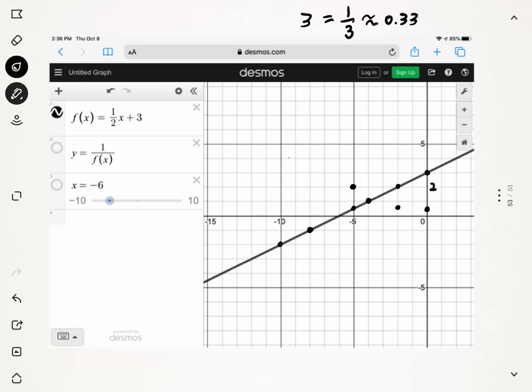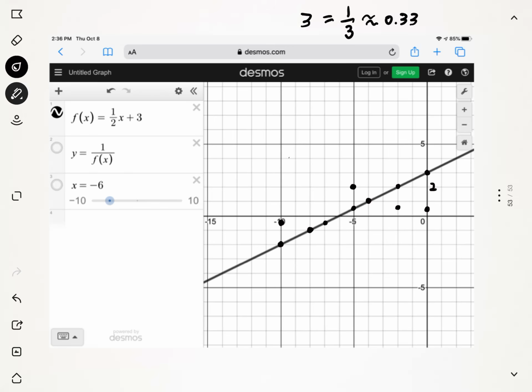And similarly, let's take a look at, say, this point right here. Again, we're just picking points at random, no particular order. But this point right here at -2, not the -10, that's the x value. The y value is -2, so if I take the reciprocal of -2, I get -1 over 2, or -0.5, which is approximately there.